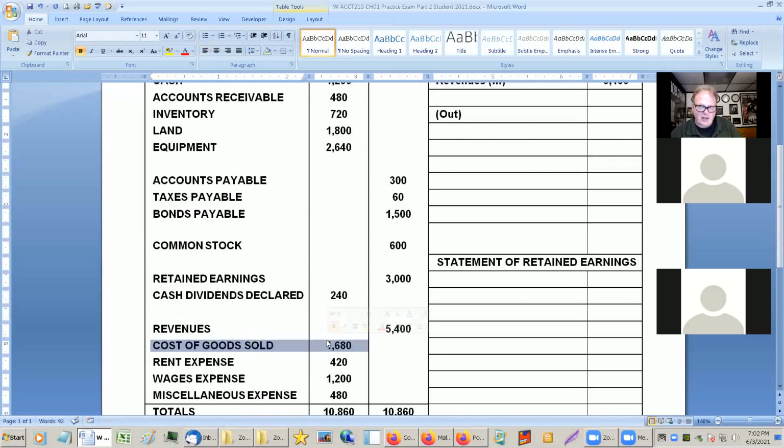This is actually not cash going out, it's an asset going out, inventory. Once the inventory is sold, you no longer have it. So it isn't cash going out, it's a different asset, inventory, going out. And then our expenses.